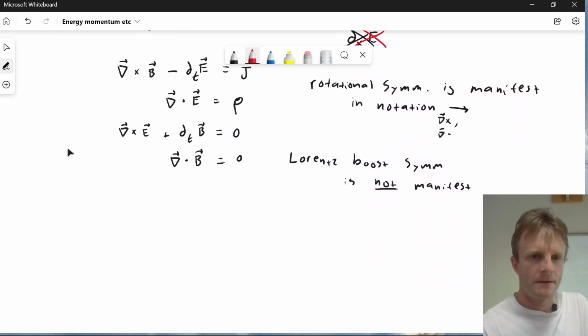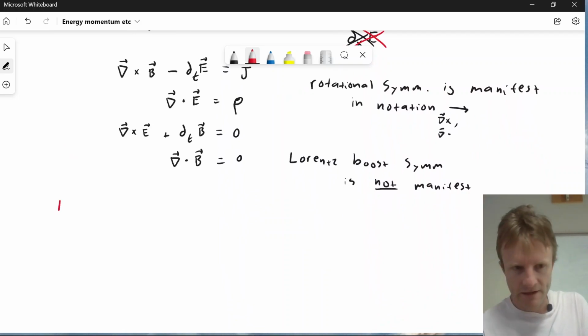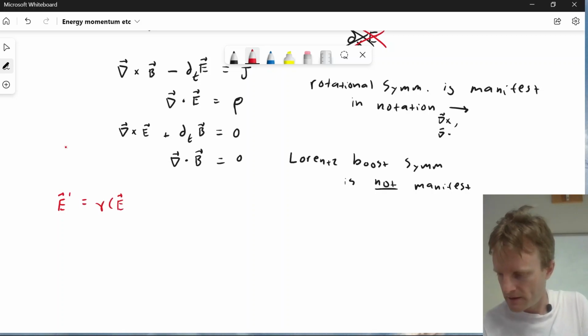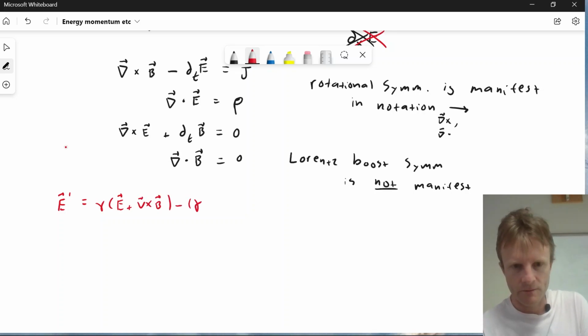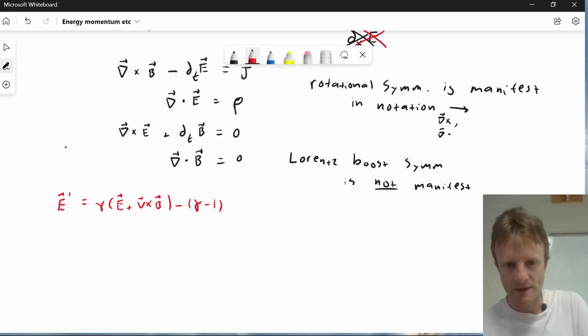So, for example, if we introduced E prime equals gamma times E plus V cross B, minus gamma minus 1 times E dot V hat V hat. We're never going to use this formula, but it's good to write it down for effect so you can see how complicated it is.